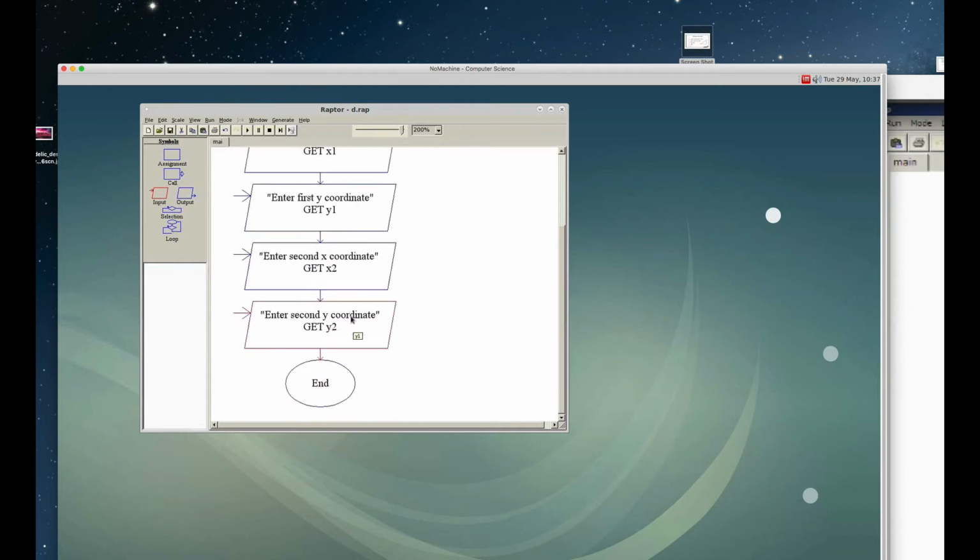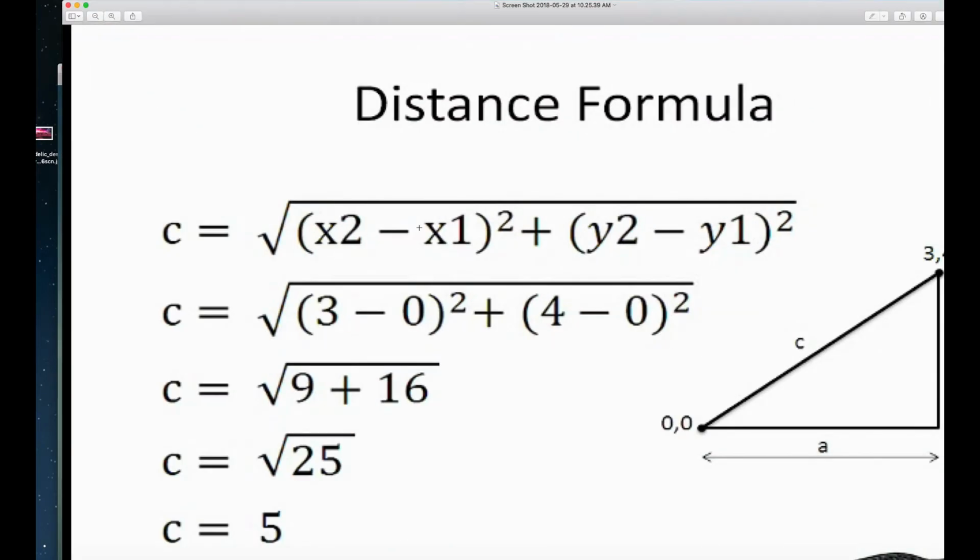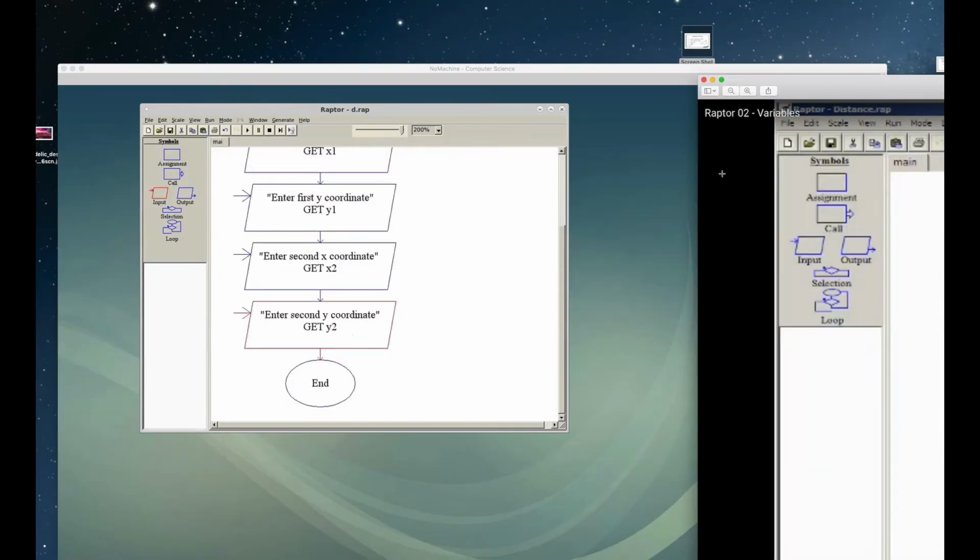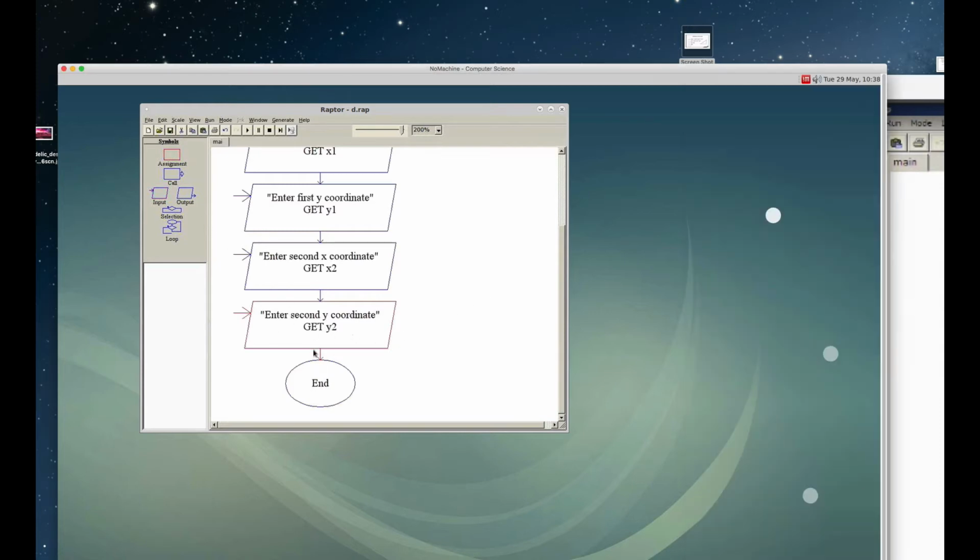Now we are going to create an equation for the distance as we seen before. That one was this: c is equal to square root of (x2 minus x1) square plus (y2 minus y1) square. Now let's go ahead and begin that. In order to do that, I have to give assignment here.